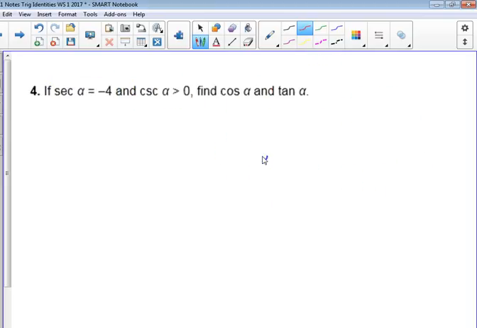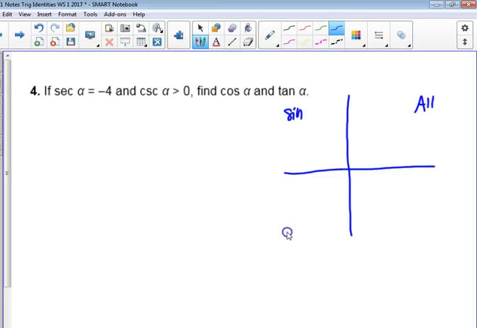Can you try number 4? If the secant is negative, so's the cosine, right?